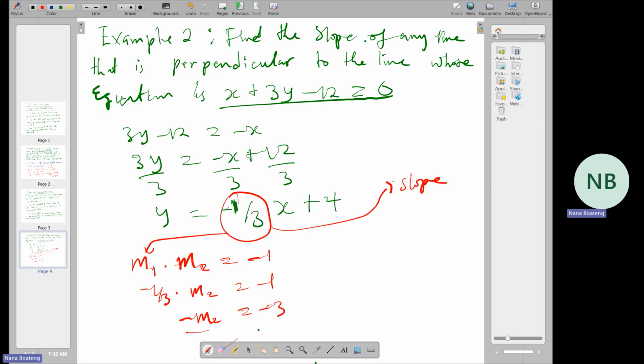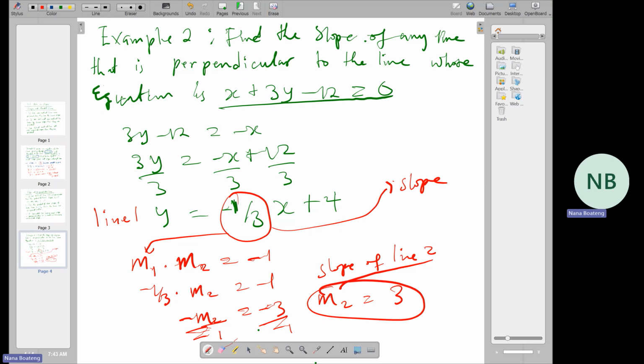And if we divide both sides by -1, we have the slope of the second line, m2, is equal to 3. So this is line 1, and the slope of line 2, the line that is perpendicular to the first line, is 3.